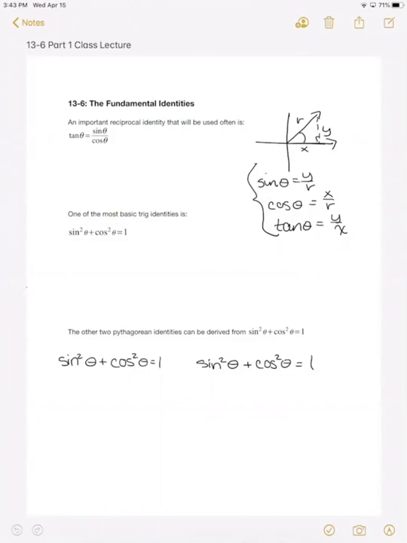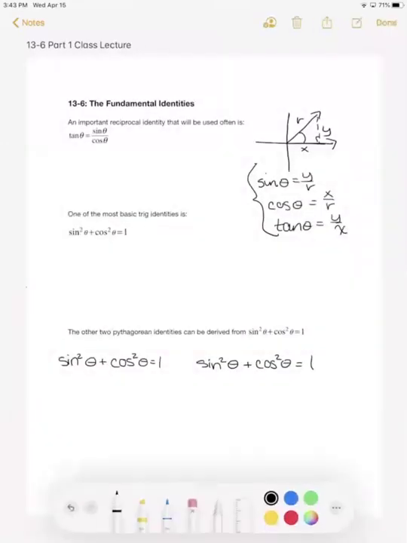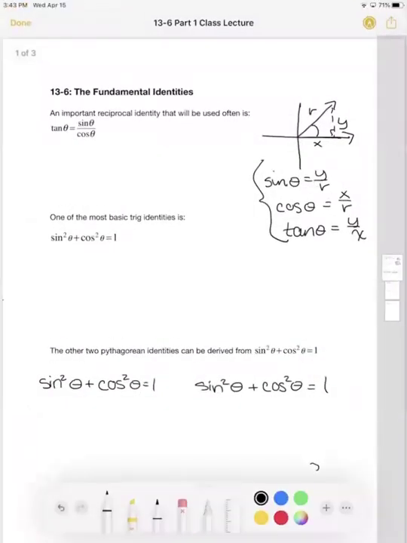And so we know that the horizontal distance across is x. My vertical distance up here is y. And then r is my hypotenuse. And you've learned down here, look at your bracket here, your brace. The sine of an angle is y over r, cosine is x over r. Tangent of your angle is y over x.